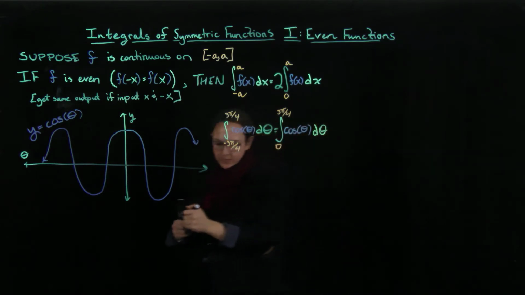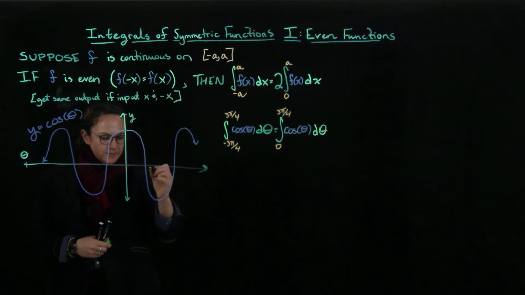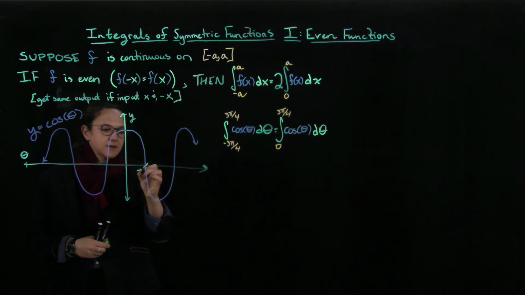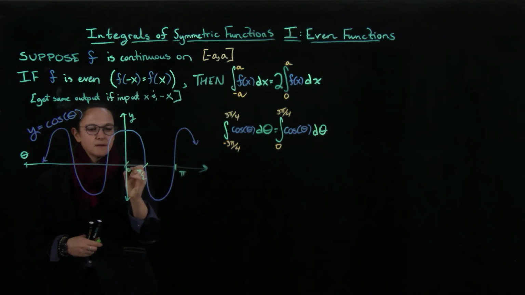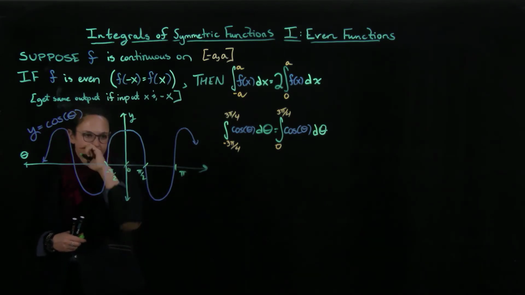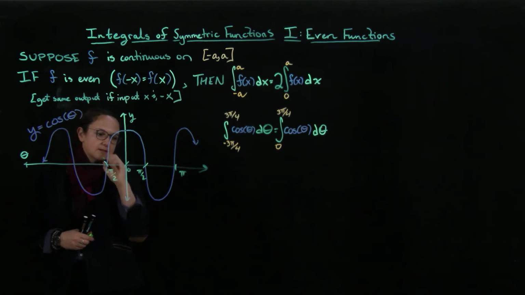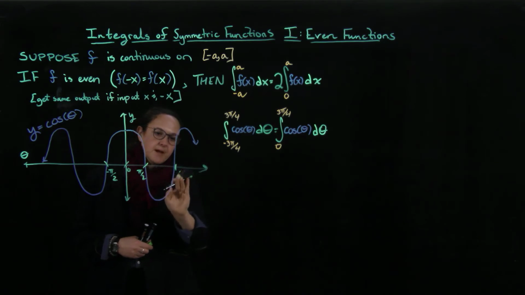So what's actually going on here? We can put this in the picture to give you a sense of where things are. This is pi halves, this is pi, this is 0, this is minus pi halves. Wait, this is pi halves, and this is 3 pi halves.